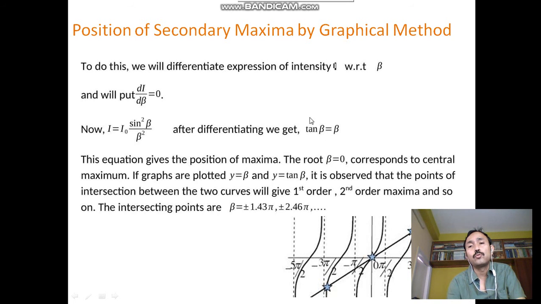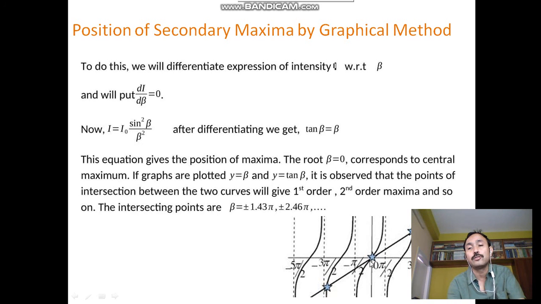Here there are two equations, y equal to tan beta and y equal to beta. We will plot them. The intersecting points of y equal to tan beta and y equal to beta will give us the first order and second order maxima. We can see from the graph, the intersecting points are beta equal to plus minus 1.435 pi, plus minus 2.465 pi, and so on. The root beta equal to 0 corresponds to the central maxima.